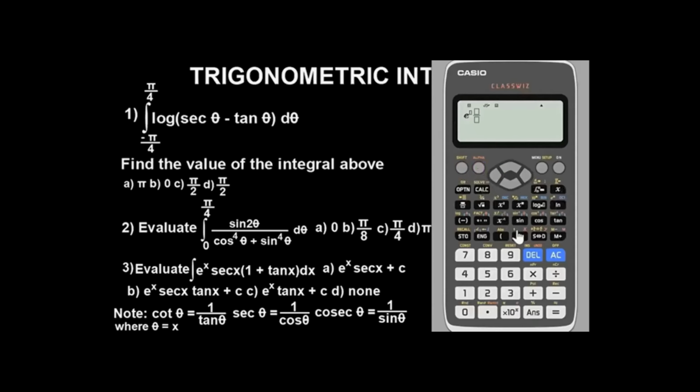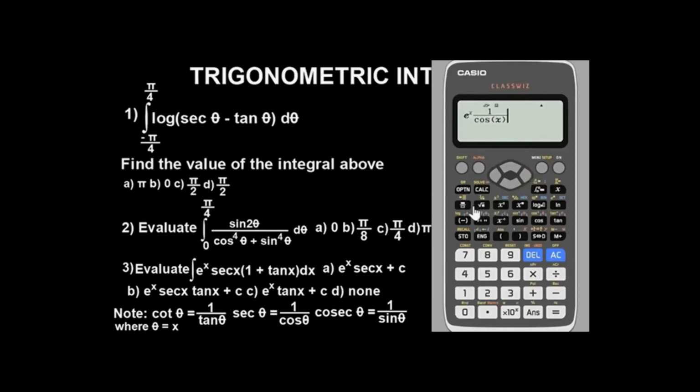So we have 1 over cos x, sec x, the same thing, 1 over cos x alpha x, close the brackets. Okay guys, that's what we have there.